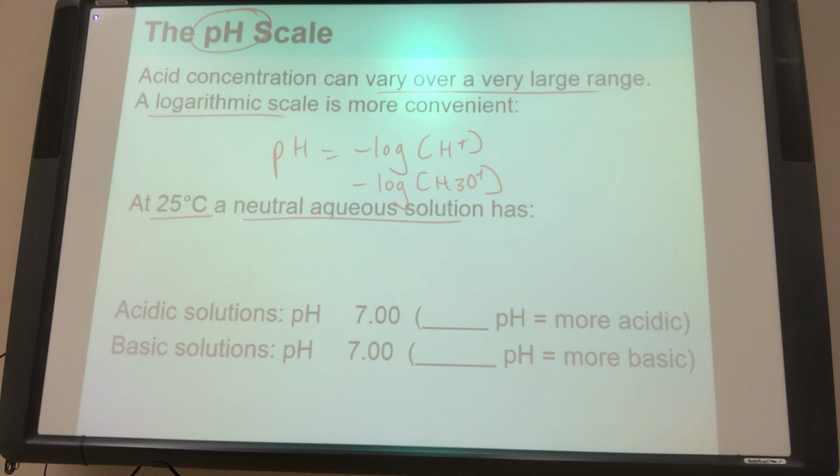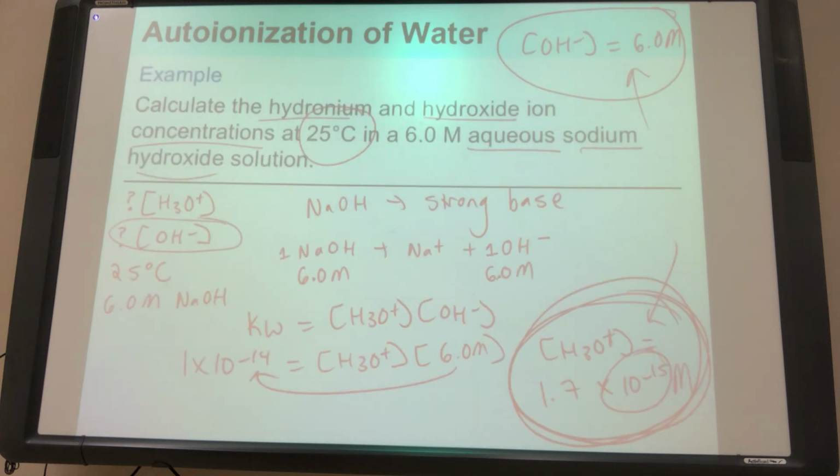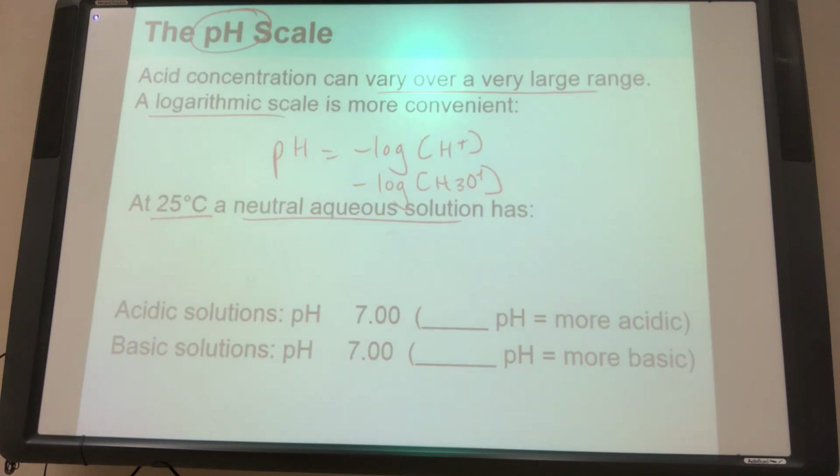Remember we said what that concentration should be when it's neutral. We said that on this slide. So when it's neutral, my H3O plus concentration is 10 to the negative 7 molar. So I need to plug that in. pH is equal to negative log of 10 to the negative 7.